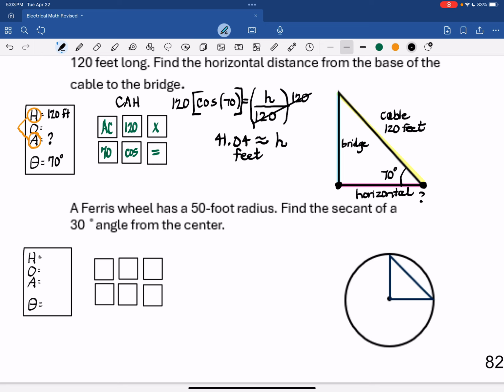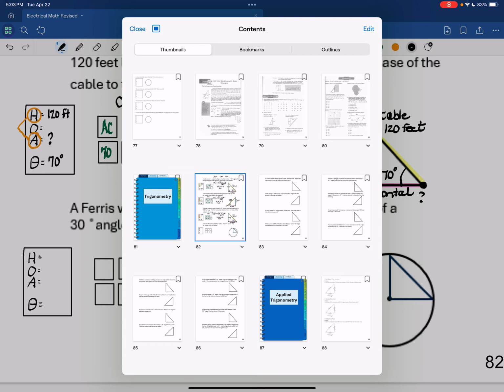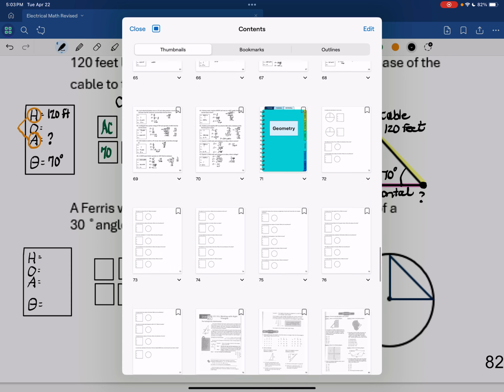Let's turn back just a second, because we need to talk just a minute about secant. It's going to be page 6. It's back in your formula section.